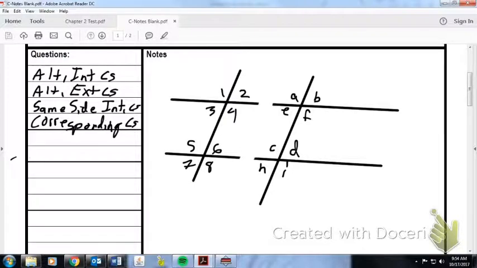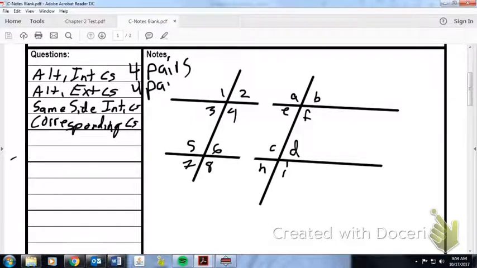So this is what I want you to do. Okay? I want you to now write down all the pairs of alternate interior angles. I'll give you a little hint. All the pairs of alternate interior angles. So there are going to be 4 pairs. Okay? 2 numbers, 2 letters.